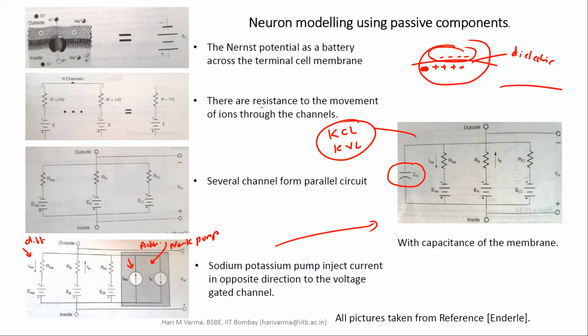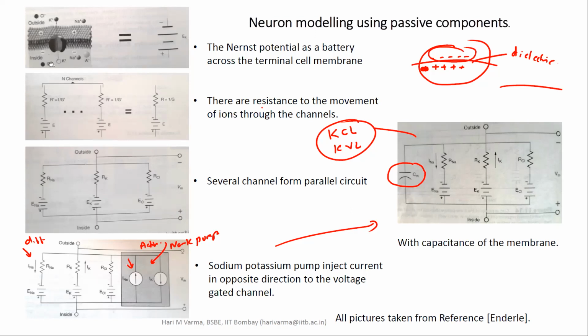Now, if you want to model such a cell membrane to include this particular Nernst potential, we can consider a battery here, with a voltage equivalent to the Nernst potential. So for the sodium gate, it is ENa, where ENa corresponds to the Nernst potential for sodium. Similarly EK for the potassium.